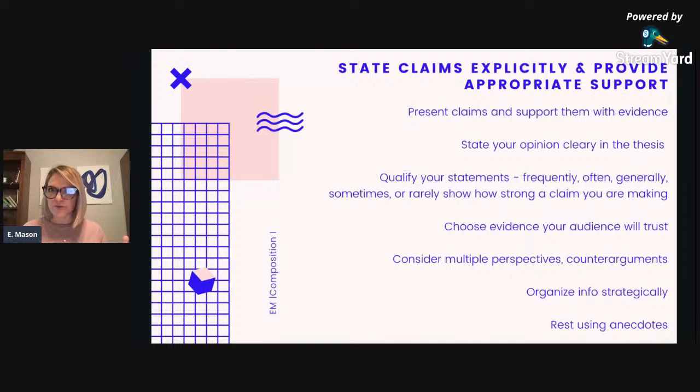Choose evidence your audience will trust. We were also talking about evidence this week. So choose solid, good evidence. Also consider multiple perspectives. So think about the counter arguments. Say you're talking about COVID and needing a vaccine. Think ahead: what are people going to say if they hear something about COVID and vaccines?